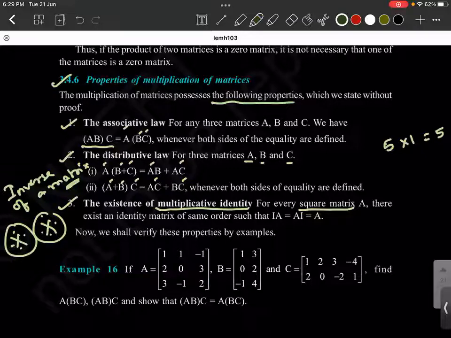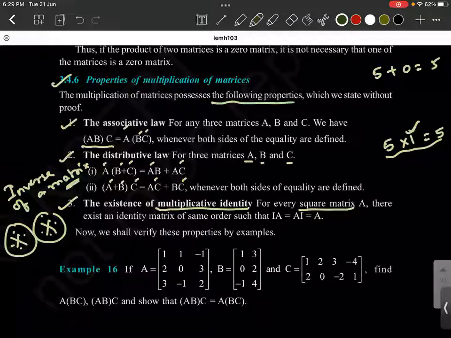Identity means if I call it additive identity, to that number I need to add a particular number so that the output is the same number. For example, the additive identity of 5 is 0, because if I add 0, the output will be 5. Whereas the multiplicative identity is 1. This is for a real number, but here we are dealing with matrices.